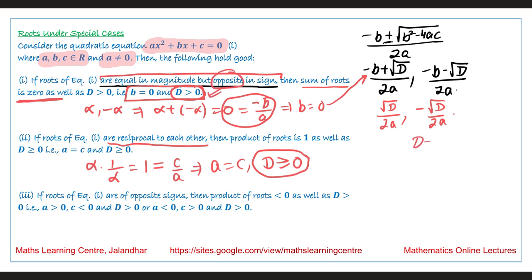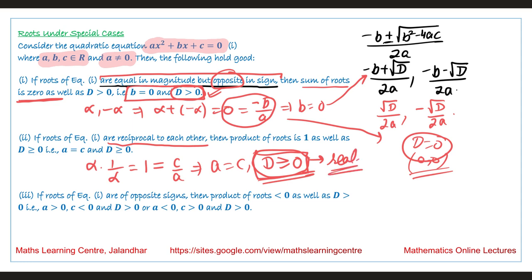If d is equal to 0, both roots will become 0, and they are not of opposite sign. But in this case, we do not have the condition that they should have opposite sign. So we are just saying that d is greater than or equal to 0. It means they have real roots, and this condition is because they are reciprocal of each other.